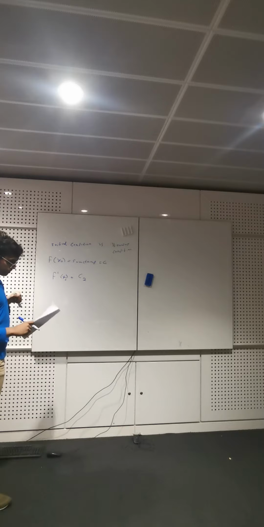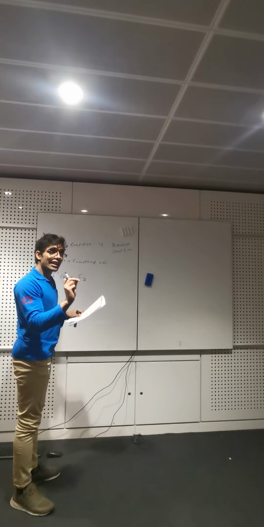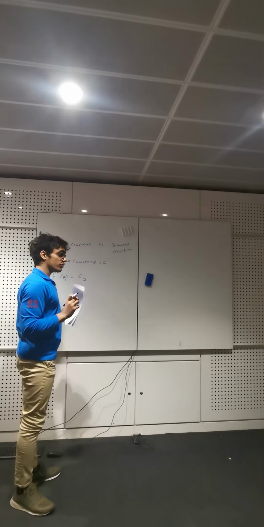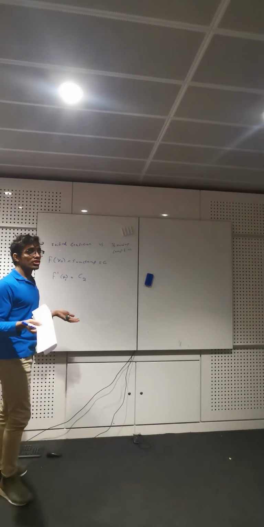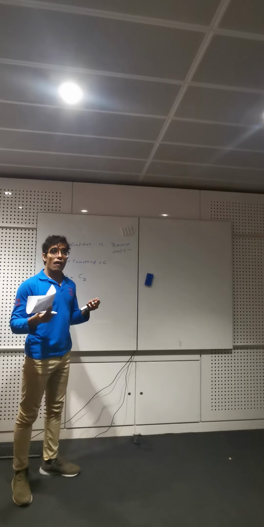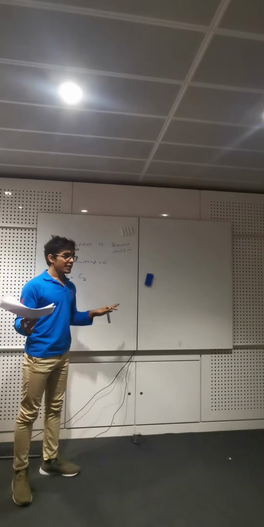So an initial condition is a condition that's specified at a specific point, and we know the value of the function at that point, and the value of its derivative.